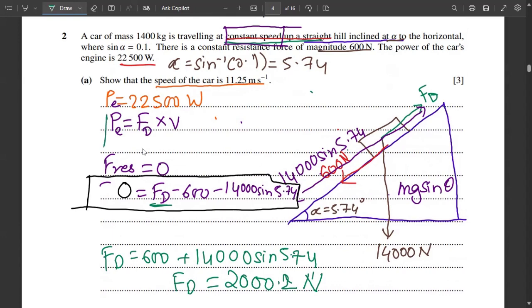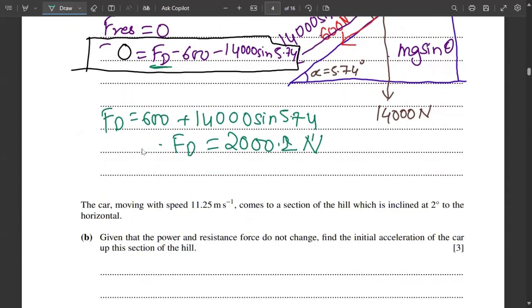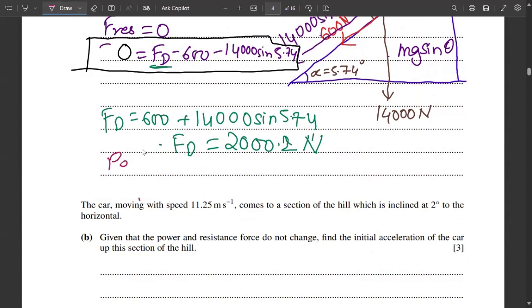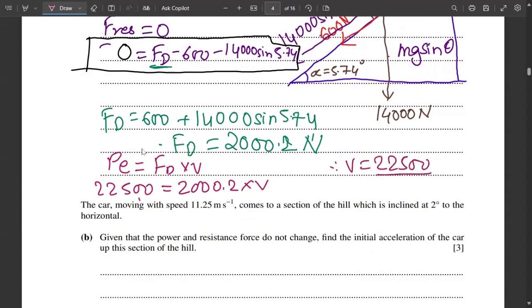So now we know power of engine is driving force into velocity. We know the power of engine. We know the driving force now. So we can easily find the velocity. Let me write that down. Power of engine equals driving force into velocity. Power of engine is 22500. Driving force equals 2000.2 into velocity. Therefore, velocity is 22500 upon 2000.2.